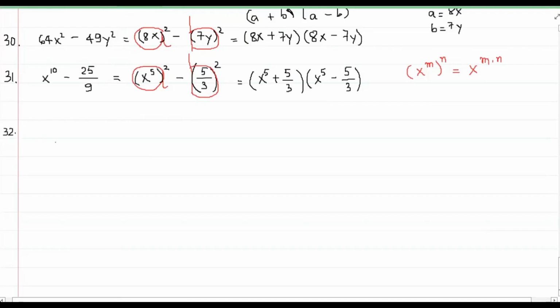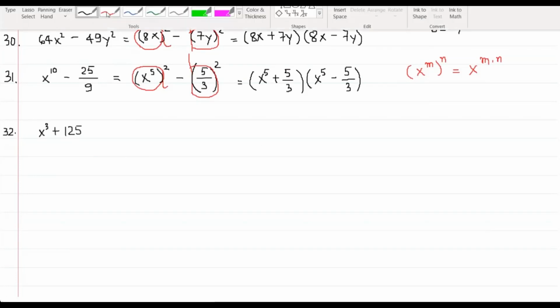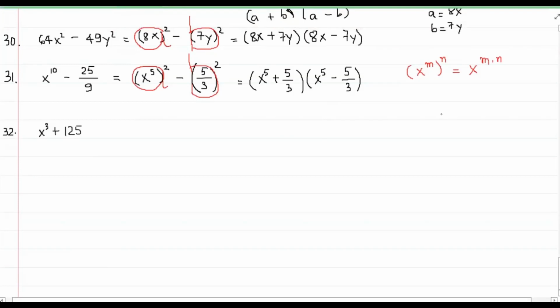Number 32. x cubed plus 125. So just some simple cubes. 2 cubed is 8, 3 cubed is 27, 4 cubed is 64, 5 cubed is 125.